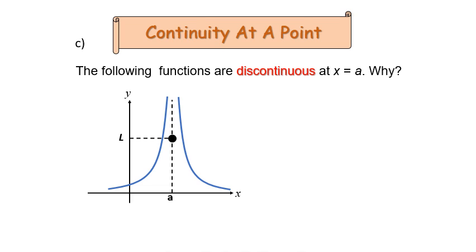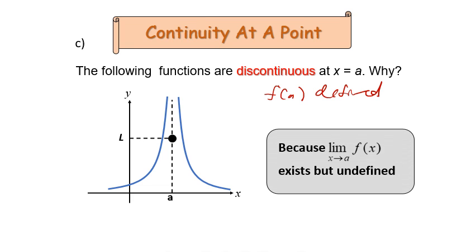And then here the function is defined, f(a) is defined. However, the limit exists, we consider it exists because it approaches the same situation, that is positive infinity.